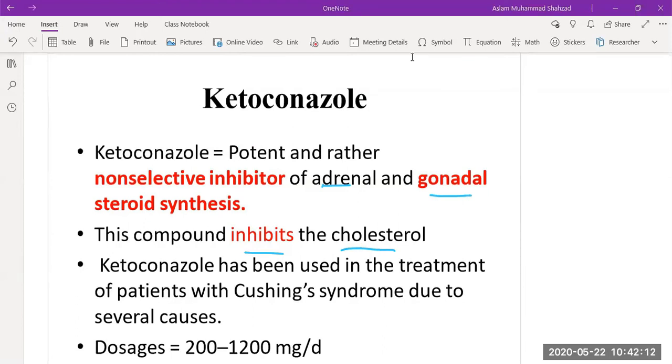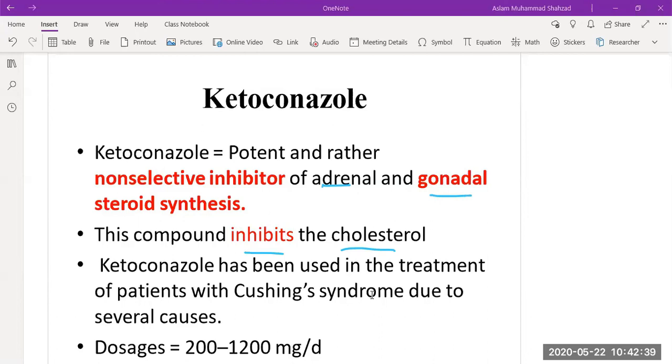The main thing you have to understand is that cholesterol, for example high density lipoproteins, is responsible for the synthesis of adrenal steroids. If a person has high HDL or high cholesterol levels, there will be more production of steroid hormones.